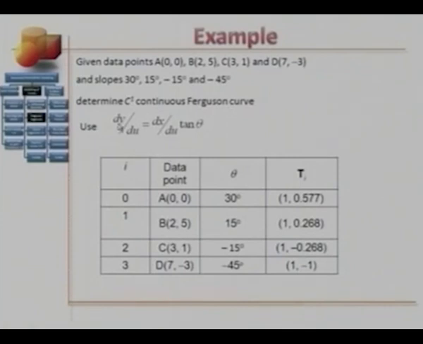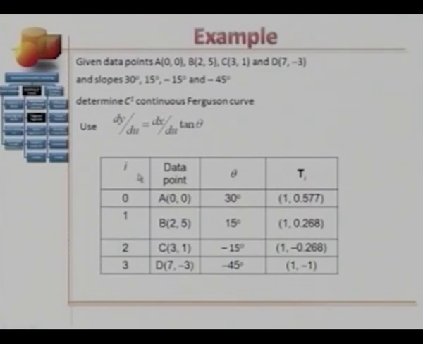We know that dy over dx is tangent of theta, the slope. We can rewrite the slope equation in this form: dy over du equals dx over du times tangent of theta, and we can assume dx over du as 1 and then compute dy over du accordingly.